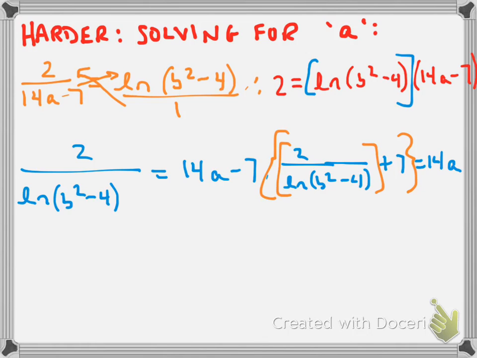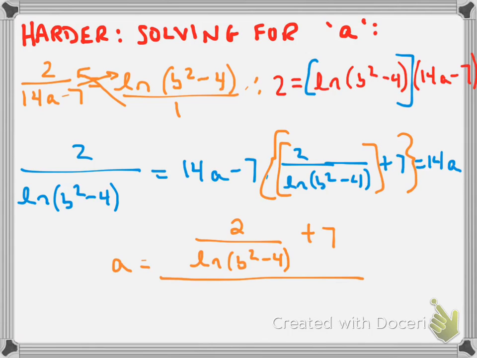And so we can finally say that a equals 2 over the natural log of b squared minus 4 plus 7, all divided by 14. And so we can say that this whole thing is together. And that is a tricky algebra problem.